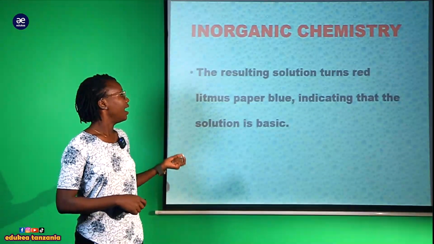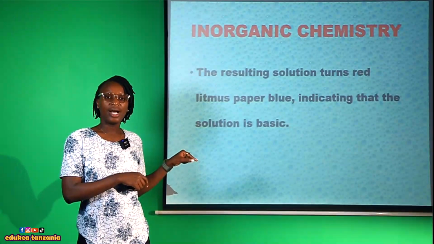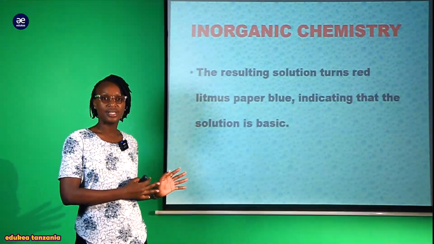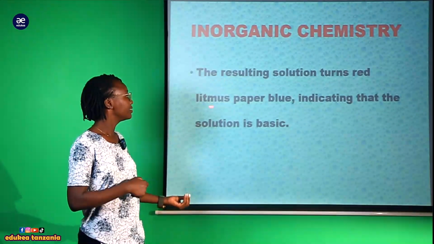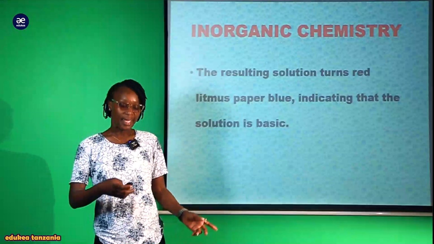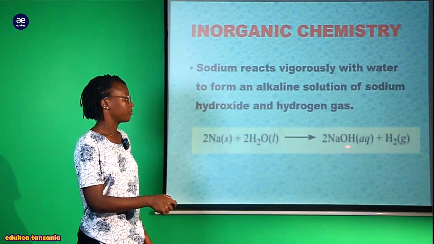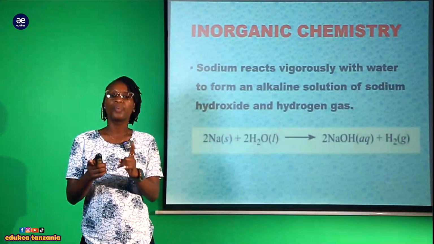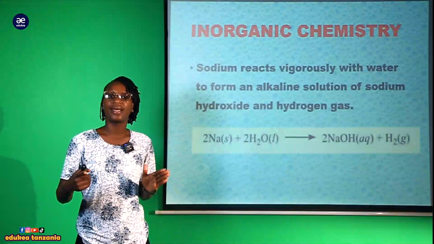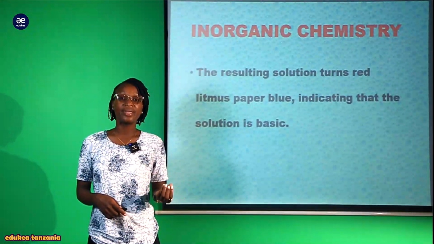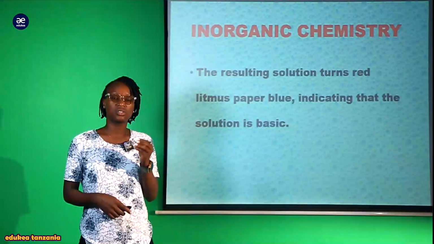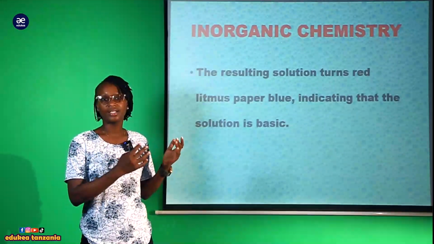So you can see that after the occurring of this reaction, anasema the resulting solution turns red litmus paper blue. Kwamba hii solution ambayo imetokea, the sodium hydroxide, inaenda kutuletea matokeo mengine kabisa. The litmus paper ni among of the indicators which is useful in the laboratory during experiment.